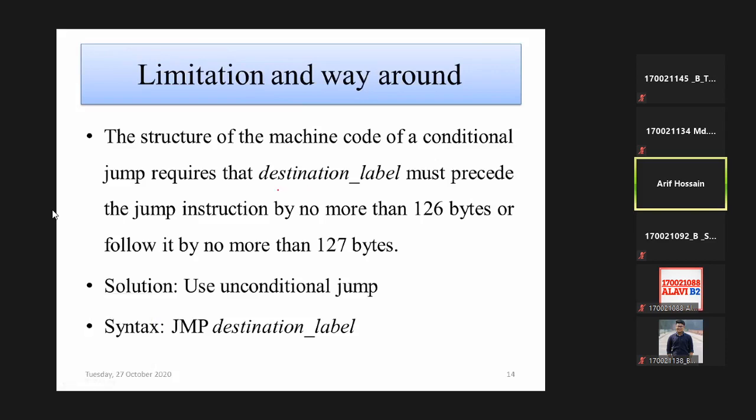So if your destination level is preceding instruction, that means if your destination level is before the jump instruction, then there cannot be more than 126 bytes difference between the jump and your destination level. And if your destination level follows it, then it cannot be more than 127 bytes.